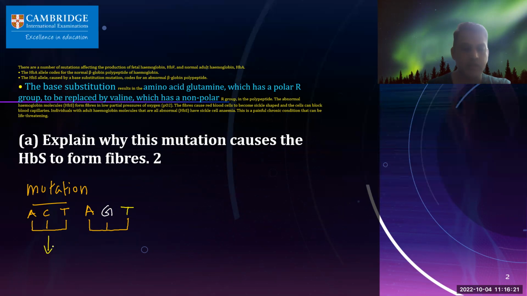Now this codes for an amino acid, let's assume X. In this case, it is not X, it may be Y.